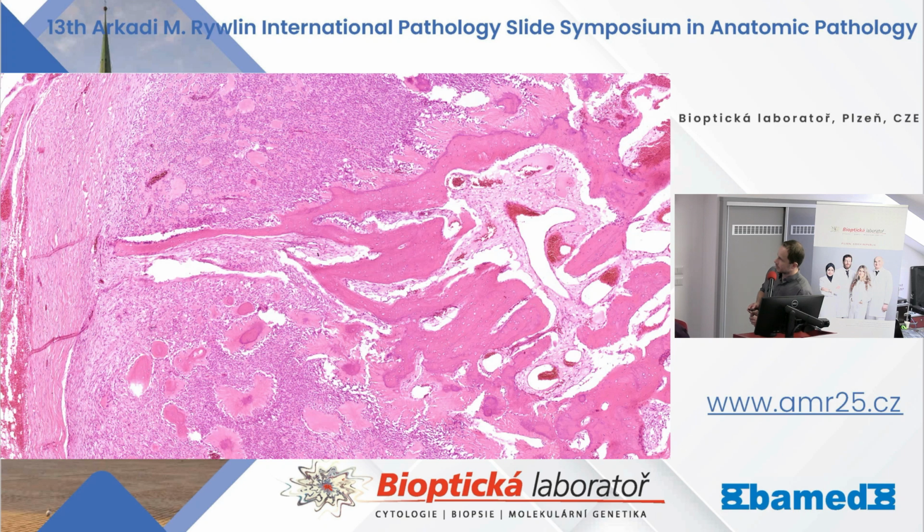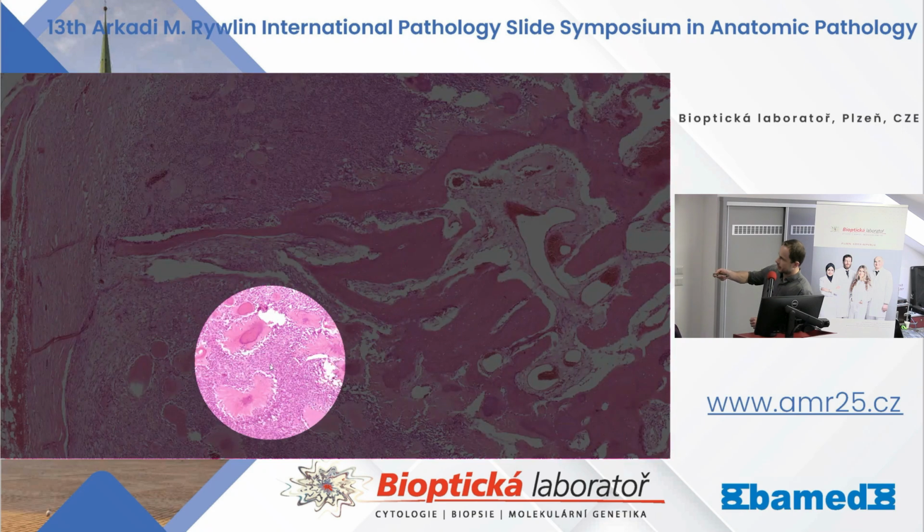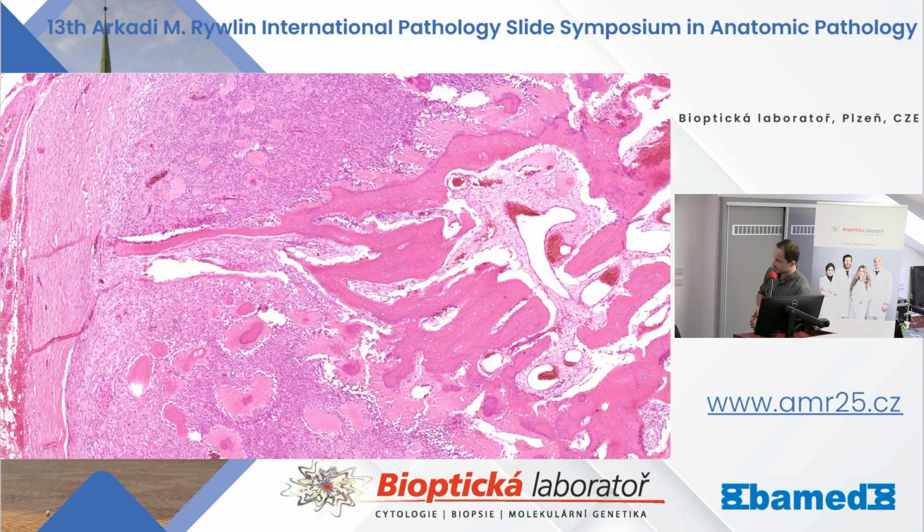Here, going to parts where there was bone production, you can see bone in various stages of maturity, both mature bone, but also this quite immature osteoid production. It seems to be produced directly by the tumor cells, so kind of osteogenic differentiation here.